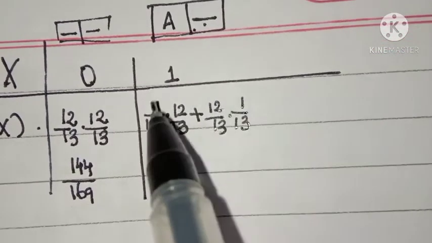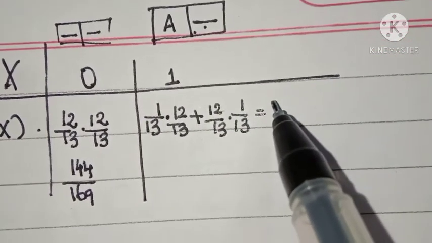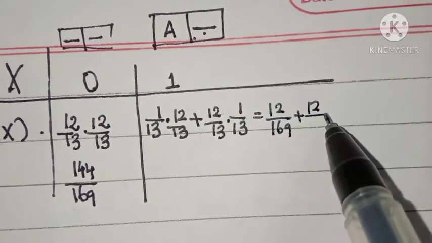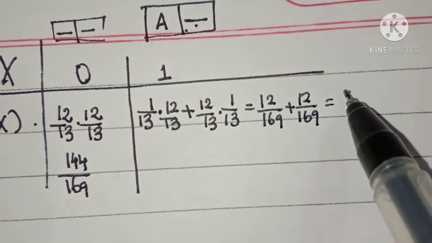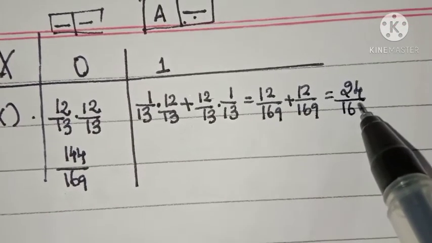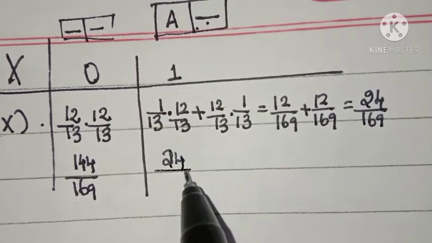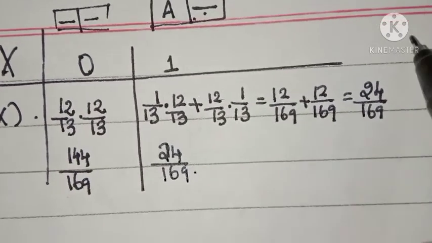In this manner we need to write the probability. So this is 12 by 169 plus 12 by 169, which is 24 by 169.